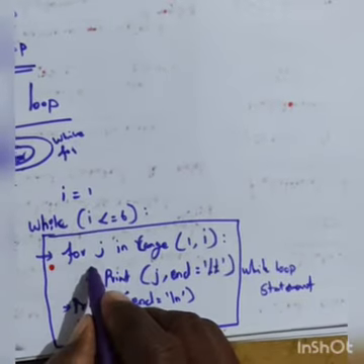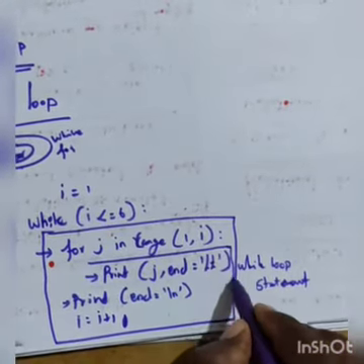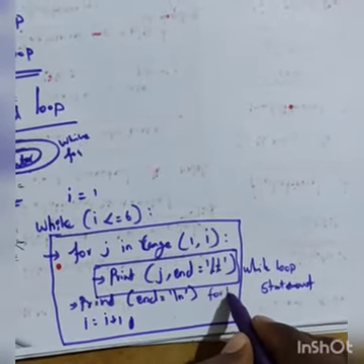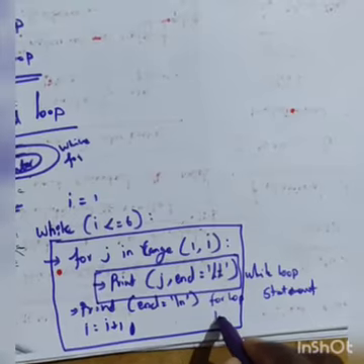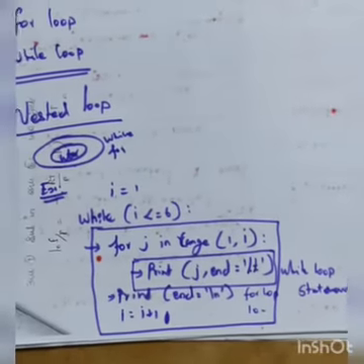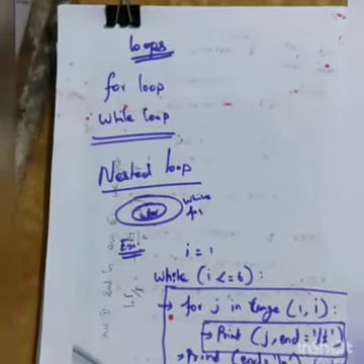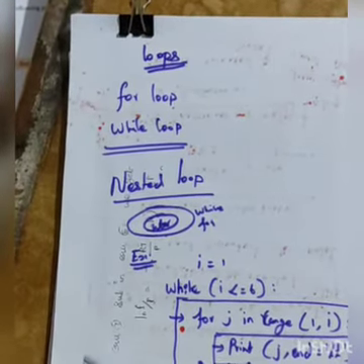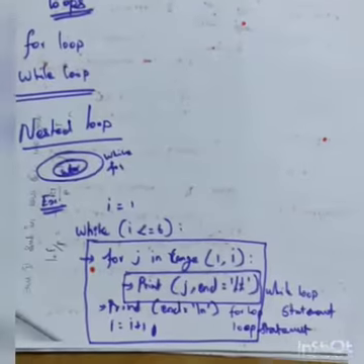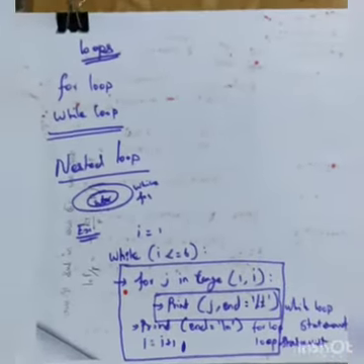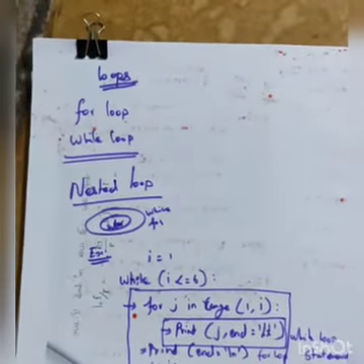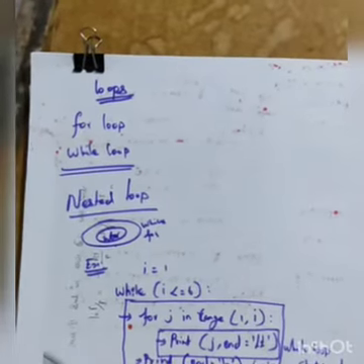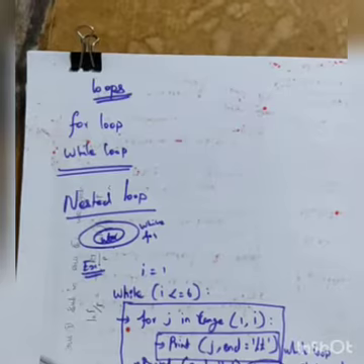This is only one statement, it is the for loop statement. So students, don't confuse. All of these are the while loop statement. This one statement is the for loop statement.